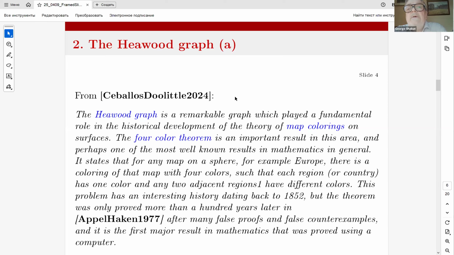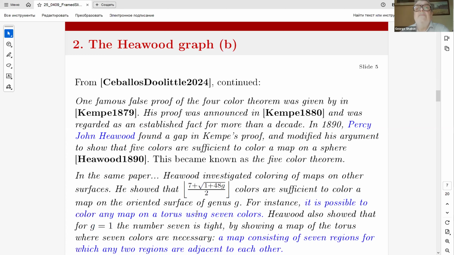So here I have found some details about the concrete history that we'll see on the next slide, about many false proofs and false counterexamples. One of them, as we see, was famous and was believed for about 10 years.